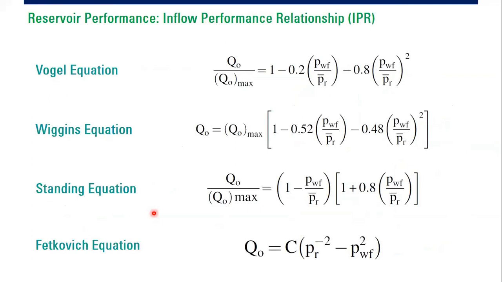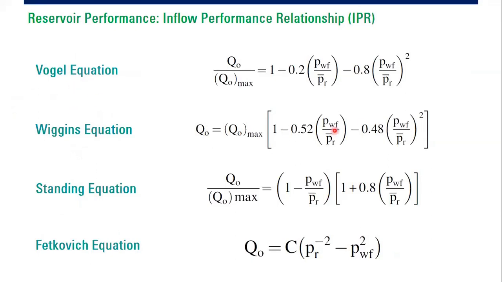We have many equations. Maybe you already know these equations, like the Vogel equation, Wiggins equation, Standing equations, and Fetkovich equation. Some of these equations can also be found in our software. Later on we will use one of these examples. I've prepared a case with productivity index and a case with the Jones equation.